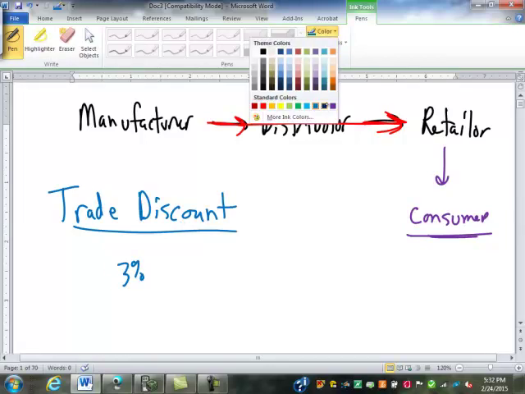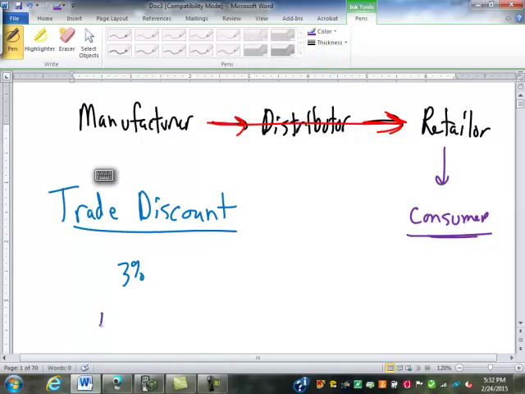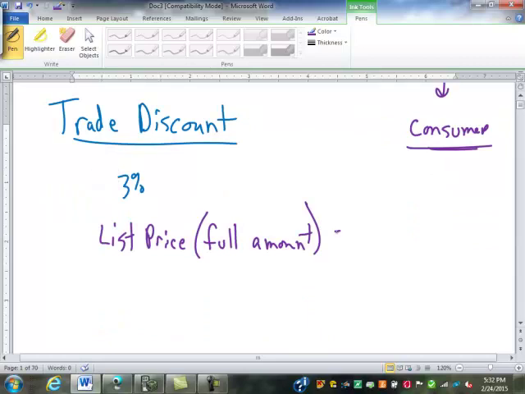So now you order items that have a list price. Now, list price, of course, is the full amount without any discounts. So let's say you have items that have a list price of $240. What are you going to pay? Well, there's two ways we can look at this.